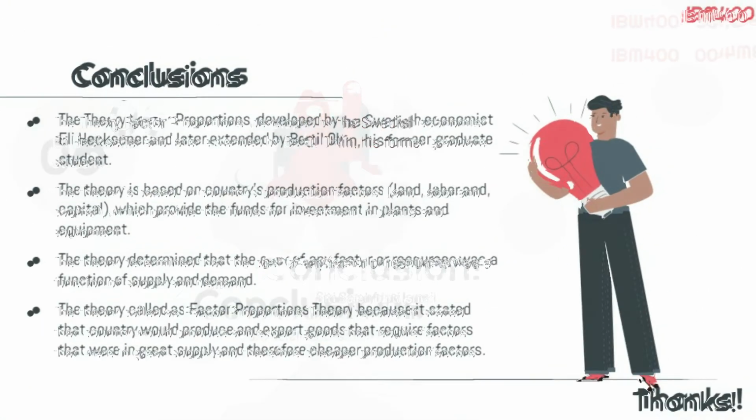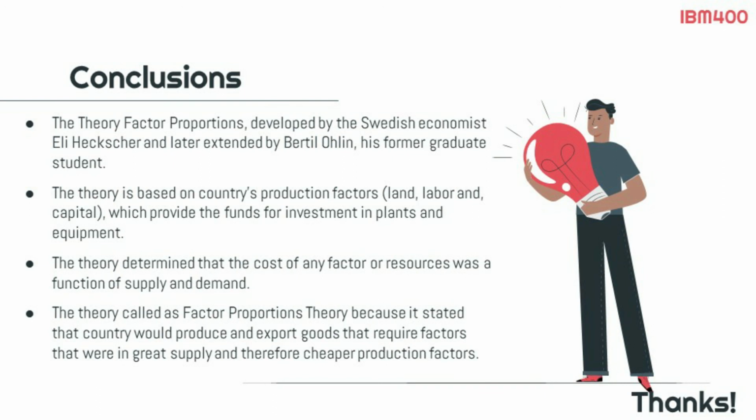As the conclusion, the factor proportion theory was developed by the Swedish economist Eli Heckscher and later extended by Bertil Ohlin, his former graduate student. The theory is based on a country's production factors, which are land, labor, and capital, which provide the funds for investment in plant and equipment.